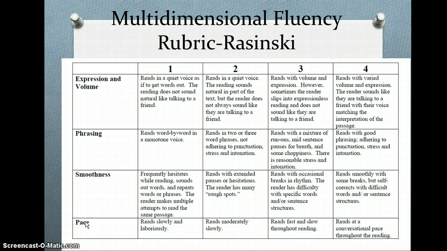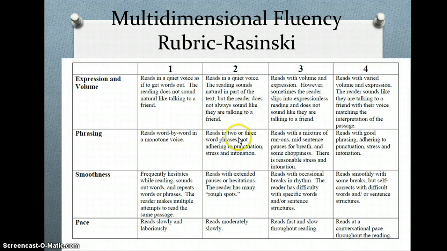So it teases apart the components of the other rubric, and then you can give them a score for each of these areas. So within expression and volume, do they read in a quiet voice? Does it sound natural, not natural? And so here is increasing in volume and increasing in expression, and then how it sounds as far as does it sound like talking to a friend.